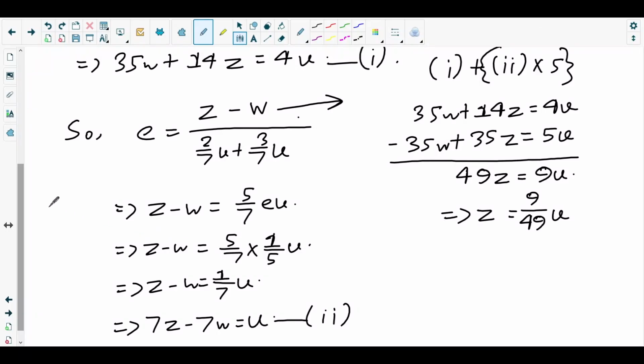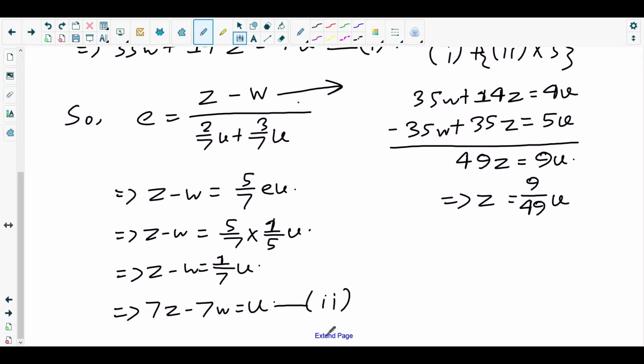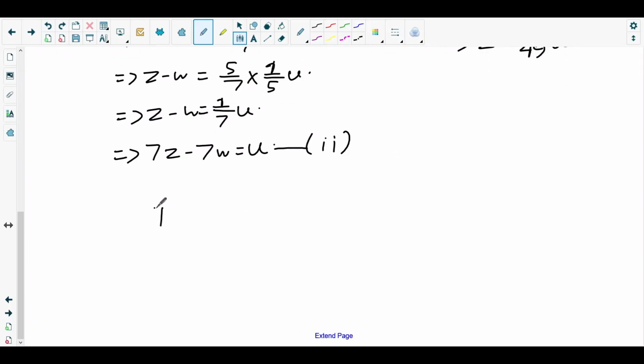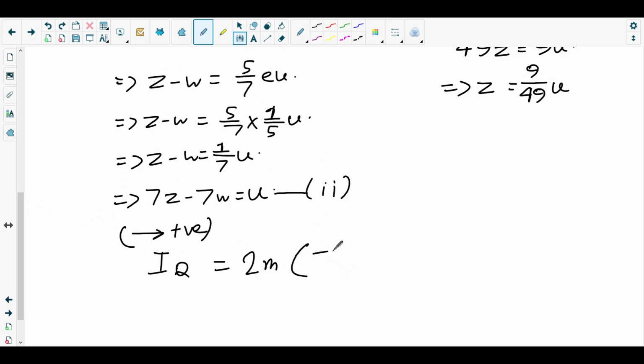Now we have to find the impulse received by particle Q. Taking this direction as positive, the impulse on particle Q equals the mass of particle Q, which is twice m, times Z, the velocity of particle Q after the collision, minus its approach velocity. What was the approach velocity?